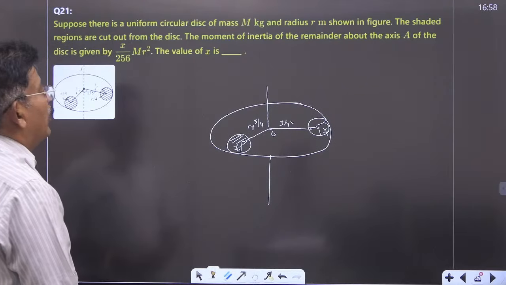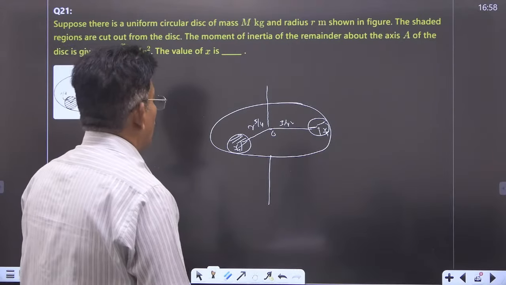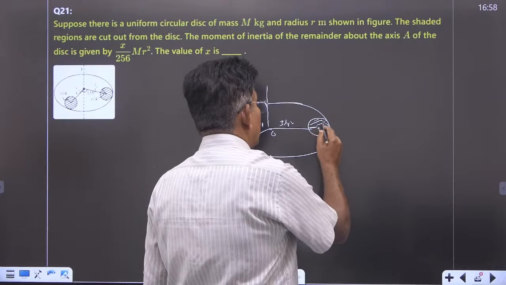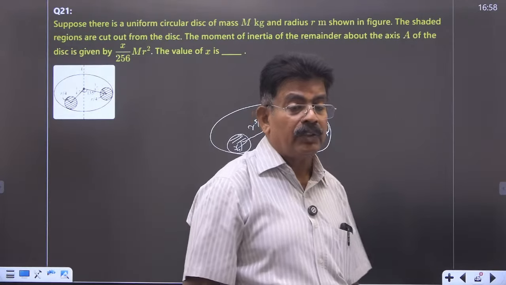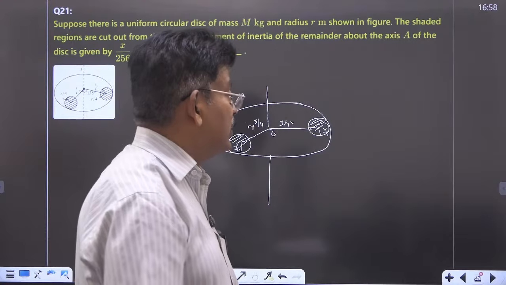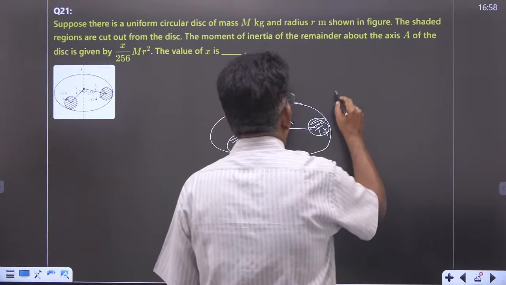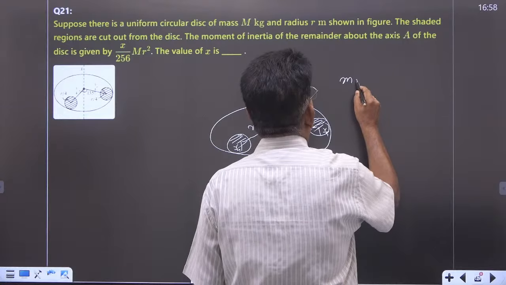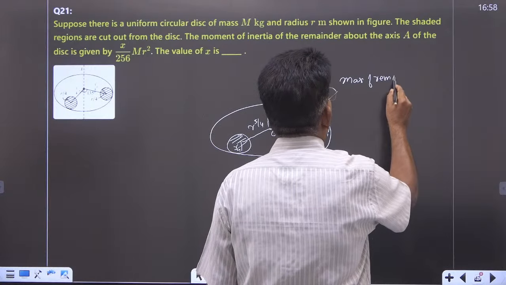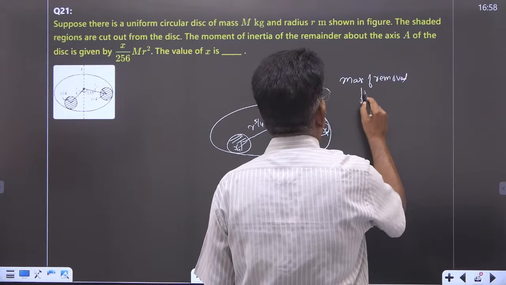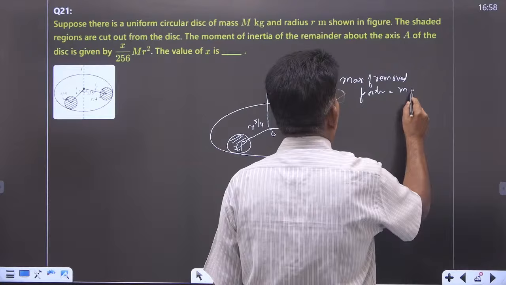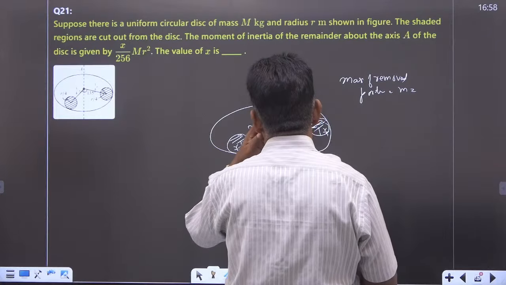Now we know this is a disk, with mass distributed area-wise. As mass is distributed area-wise, the mass of the removed portion is proportional to area.